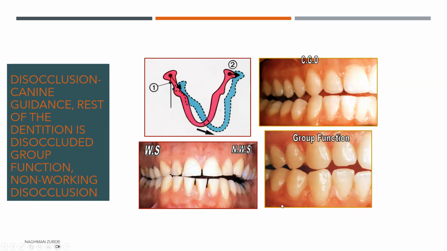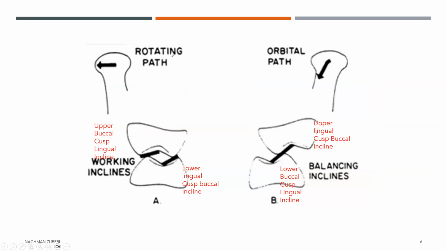They won't be in contact. That is group function. Both these situations are considered normal for natural dentition. The rotating condyle is the working condyle, and the orbiting condyle is the non-working condyle, also known as the balancing side condyle. The non-working side is also called the balancing side.